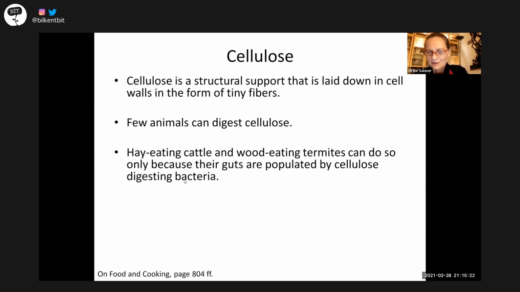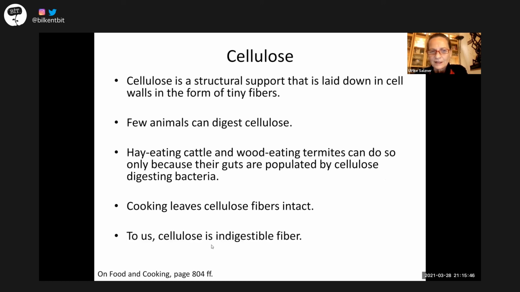These animals chew this food again, it comes back up and they chew it again, and the bacteria break the cellulose down. So the sheep and the goats and the cows can get energy from cellulose thanks to the bacteria in their stomach. And cooking leaves the cellulose intact. So this is for us the dietary fiber, which is indigestible.